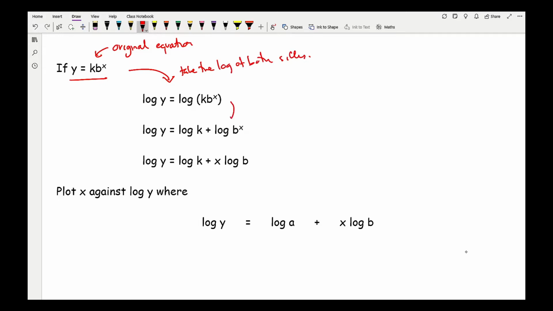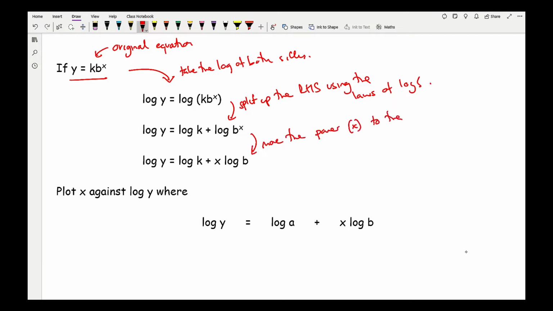And just like before, we then split up the right-hand side using the laws of logs. And then all we need to do is move the power to the front, and just put x to the front. And lo and behold, you've now got your linear equation. So this here is my linear equation.